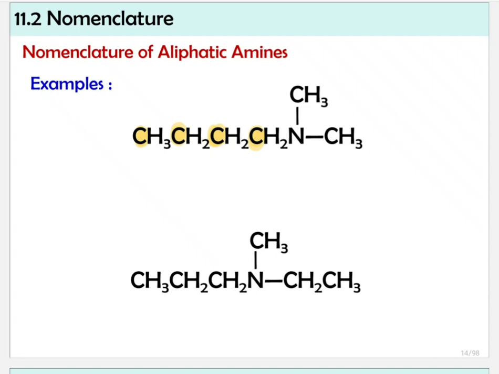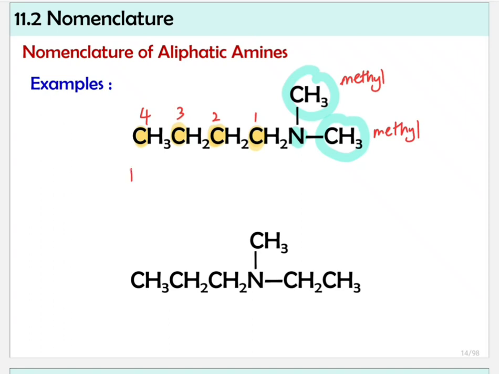So, at the nitrogen there is CH3 and CH3. For this one, 1, 2, 3, 4. So, 4 carbons as the parent. And we have a methyl and another methyl group bonded to the nitrogen. So, the name is the same concept as before. If there are two of the same substituent group, we call it dimethyl. Both methyls are bonded to the nitrogen.